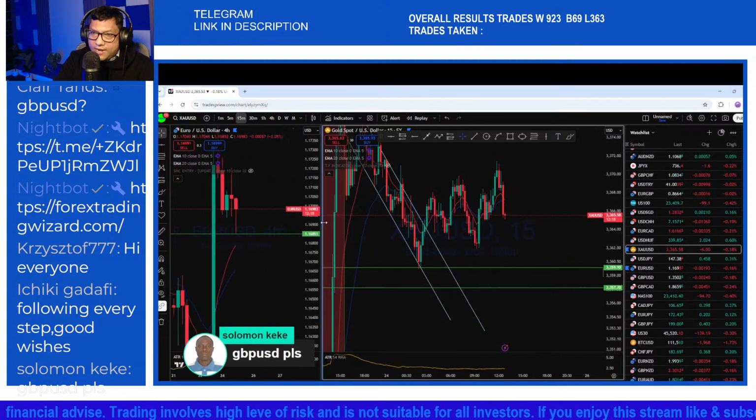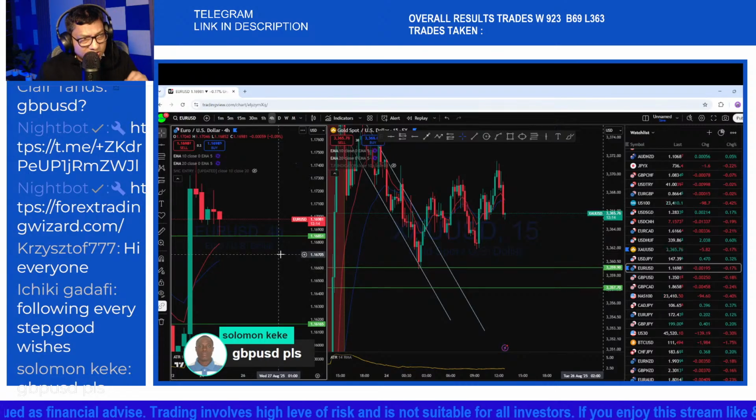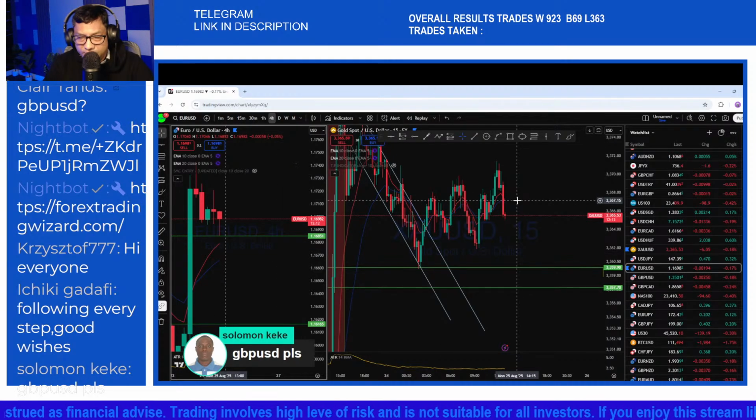British pound US dollar and euro dollar, they both currently move almost in the same direction.